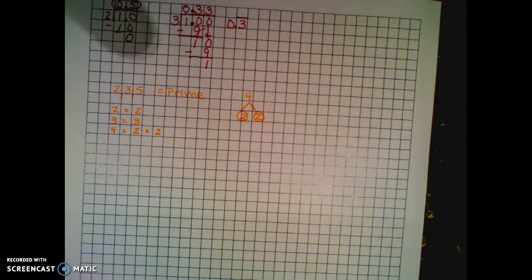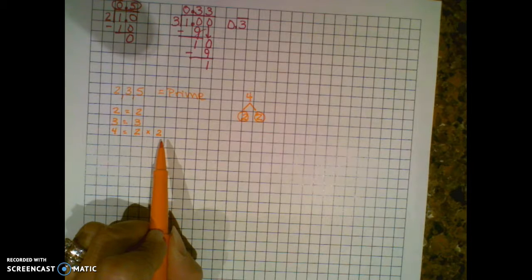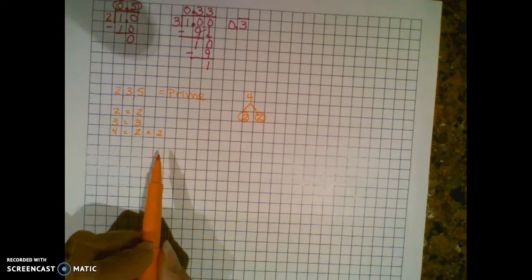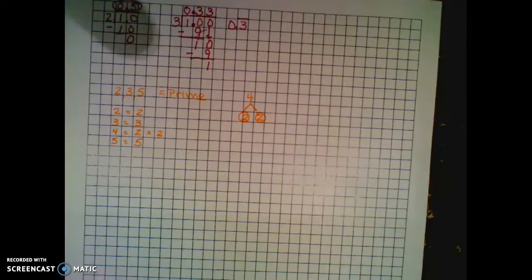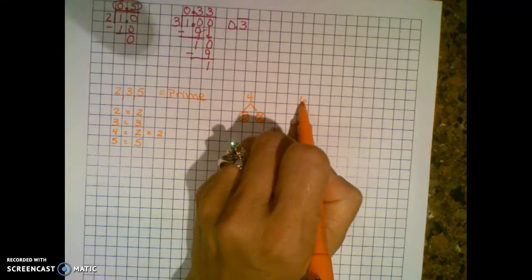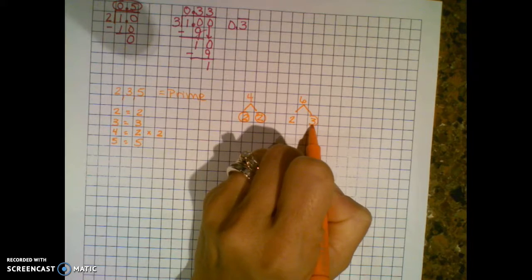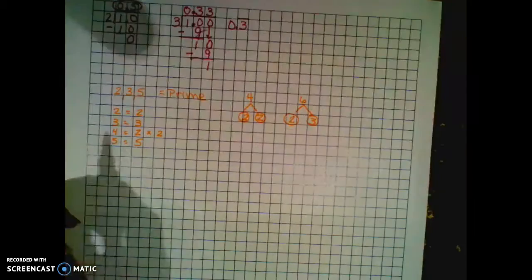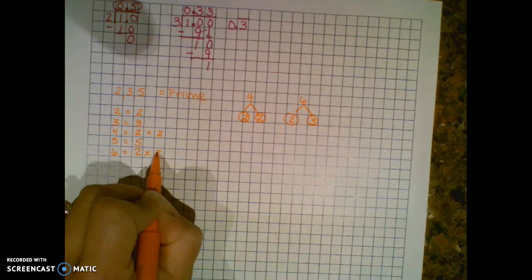If it's not a prime number, it will have a multiplication problem for its prime factorization. 5 is going to be prime, so that one will stay. But 6 is actually 2 times 3, right? And 2 and 3 are prime. So for 6, your prime factorization is 2 times 3.